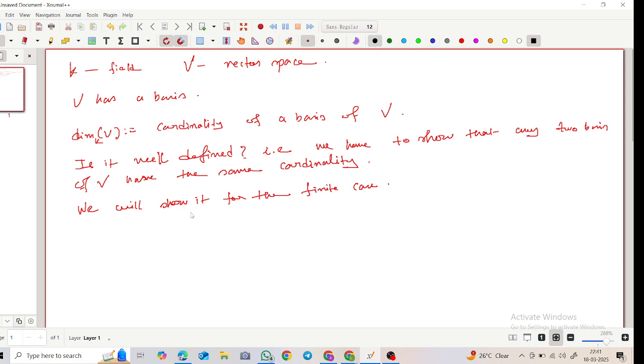Okay. So suppose beta is a basis of V, V1 to Vn. And beta prime is another basis of V, which has W1 to Wm. Okay.